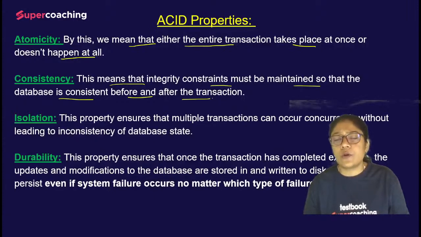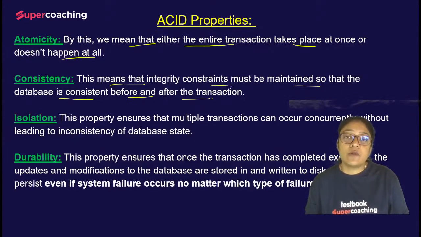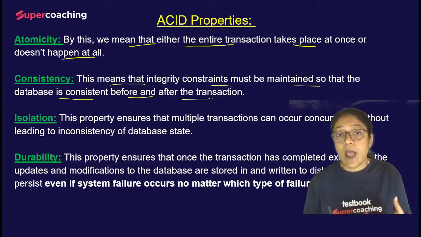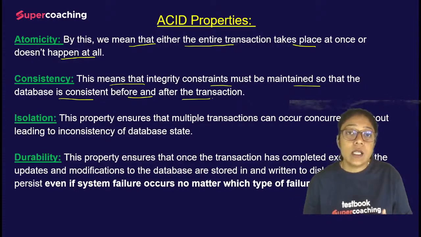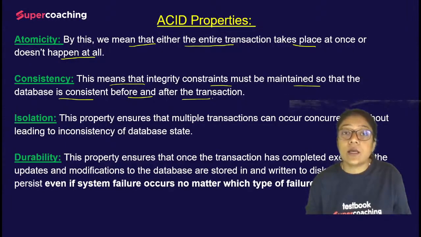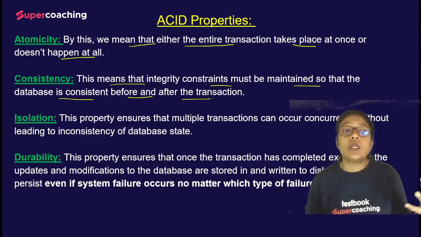Basically, why are we going for this process? Because if we have the concurrent schedule, the advantage is the throughput is more, and if we talk about the serial transaction schedule, the advantage is that we always have the correct result. The database will always be in the consistent state. So we want a combination of both.